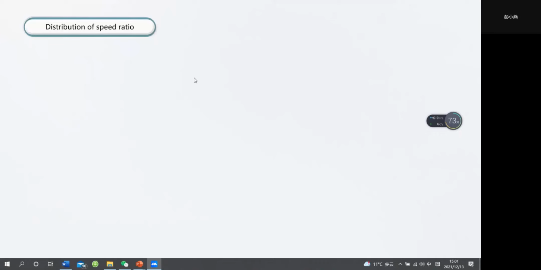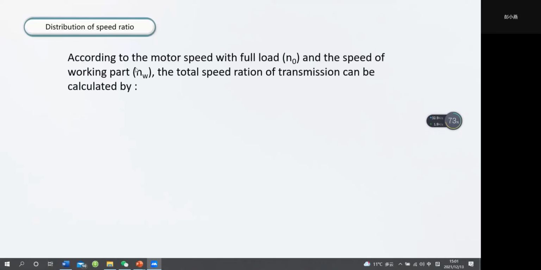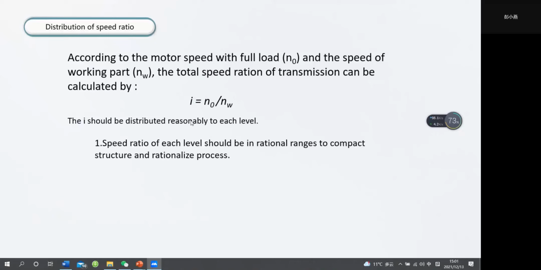Distribute the speed ratio to the transmission components. According to the motor speed with full load and the speed of the working part, we calculate the total speed ratio, and then the total speed ratio should be distributed reasonably to each level.